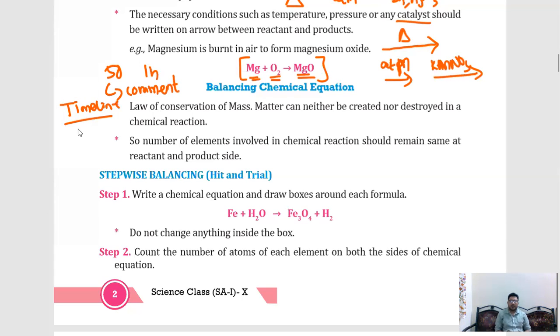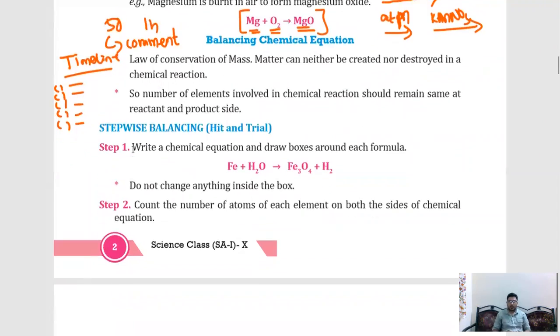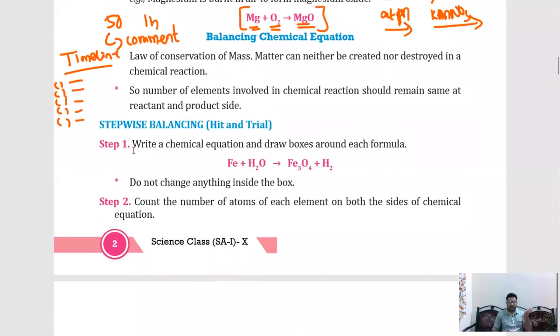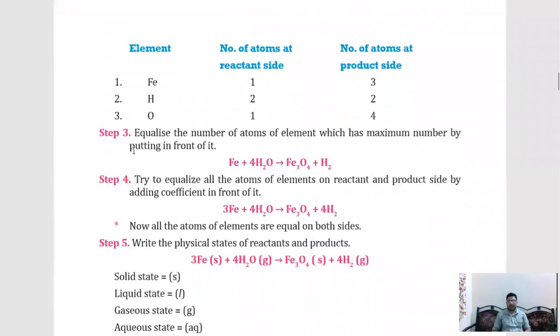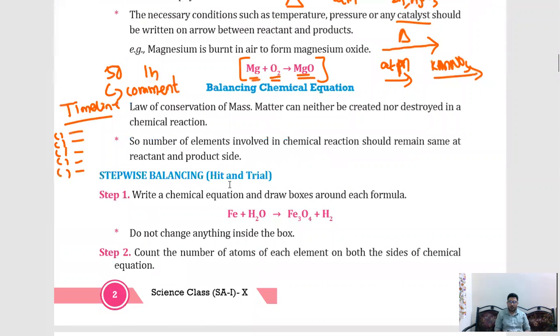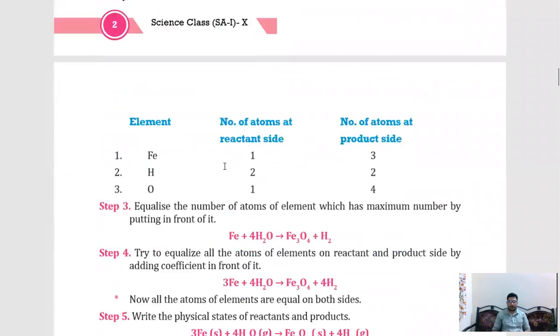Beside the timeline, I have given what concepts you will get at that particular time. You can observe that balancing chemical equations, you can understand so easily. Stepwise I have explained the hit and trial method. This method is known as hit and trial. You can watch that video to understand.